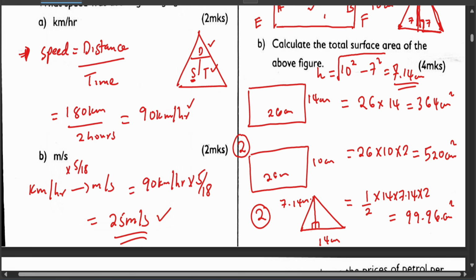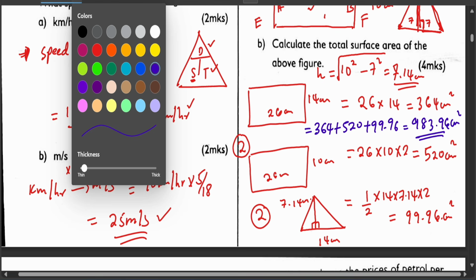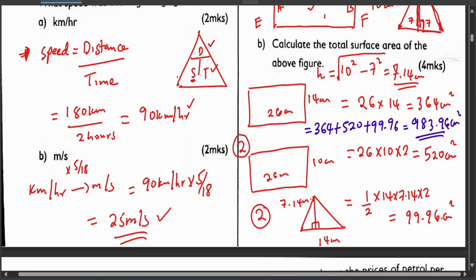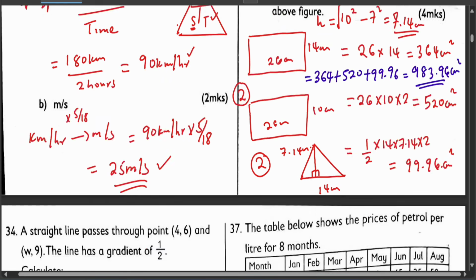So I'll just squeeze it in here. I'll have to add 364, add 520, add 99.96. So what does it give you? 364 plus 520 plus 99.96 gives 983.96 centimeters squared. So that is your total area. I think up to here we are alert. If there are mistakes anywhere, guide me. But 4 free marks.